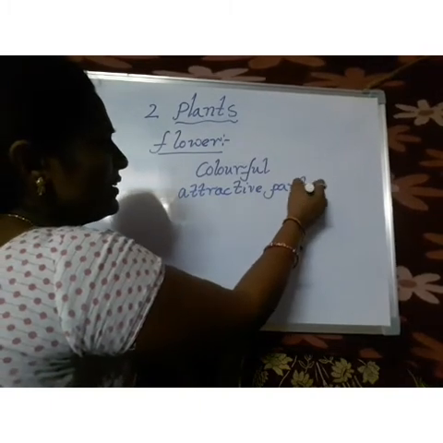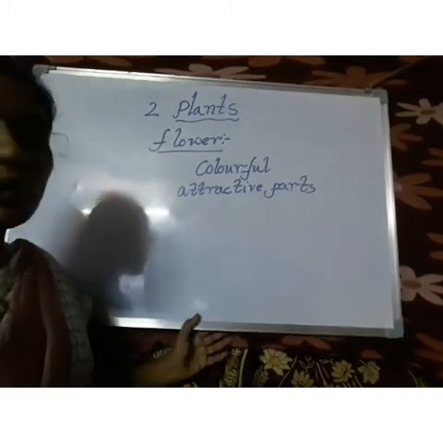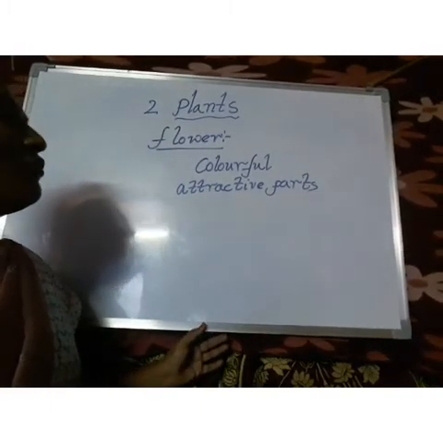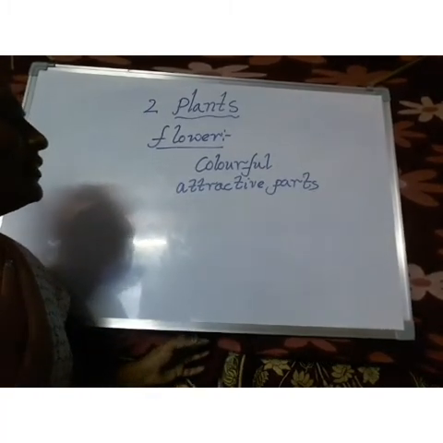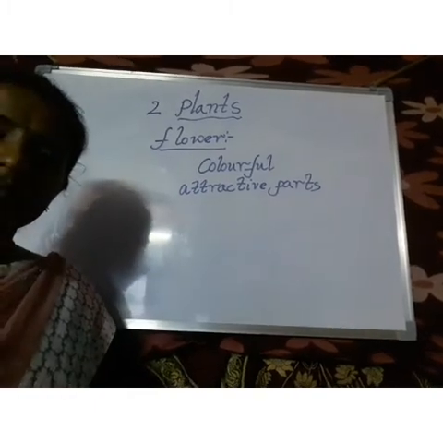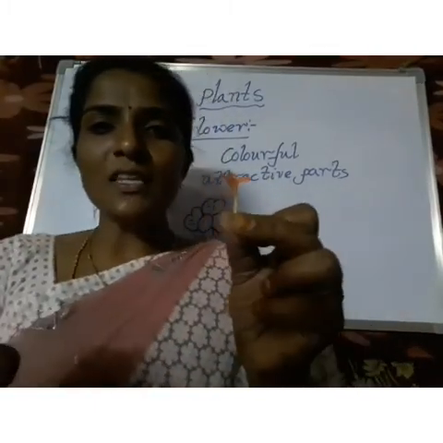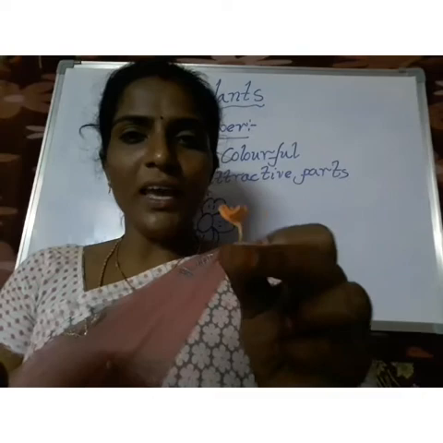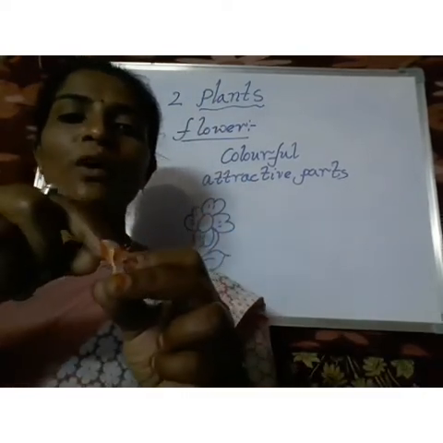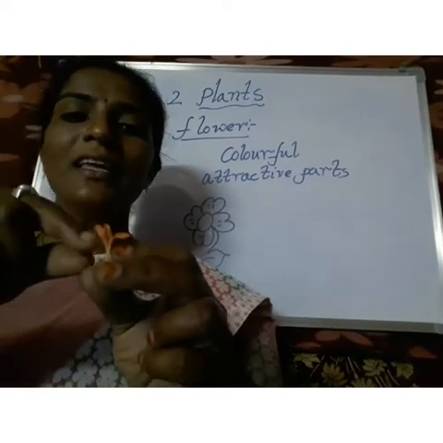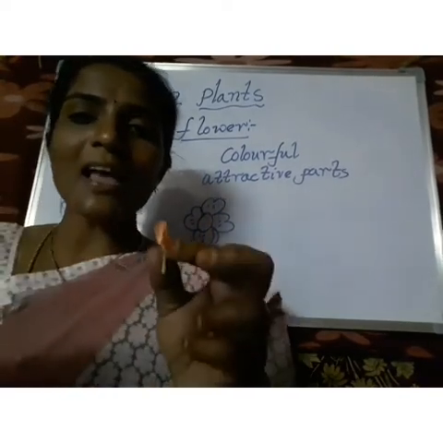See why we call them attractive parts. For example, for reproduction or pollination. See, this is one type of flower. These are in orange color, and these colorful parts we call petals.